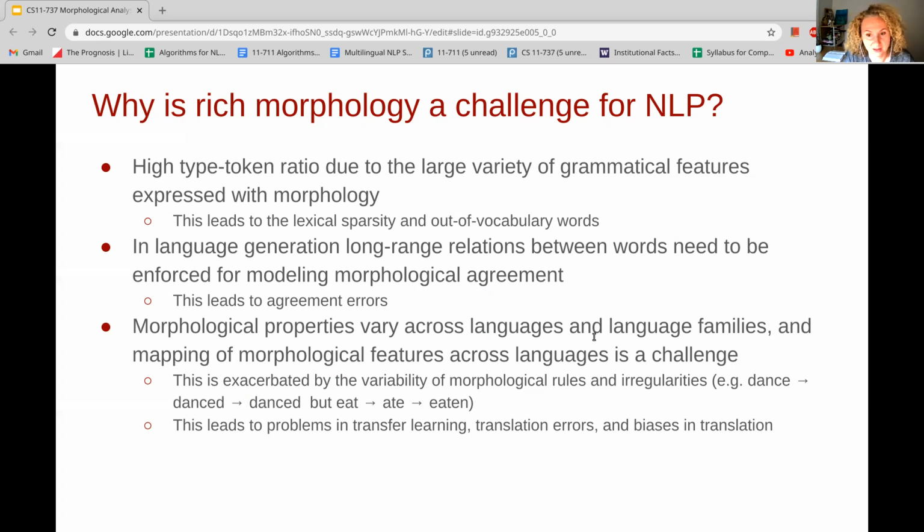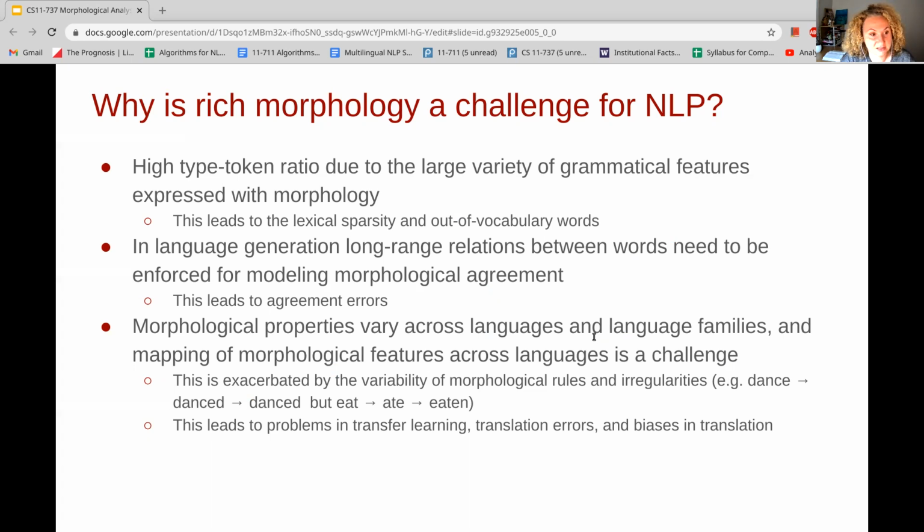Okay, so on top of this high variability, there is also a mismatch between morphologies, or variability between morphologies across languages and language families.